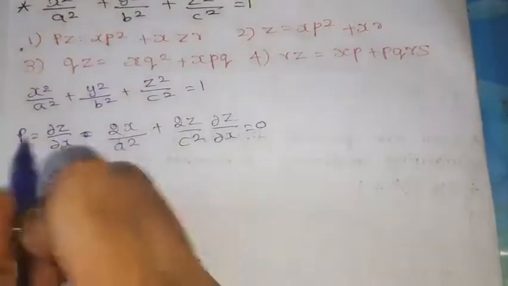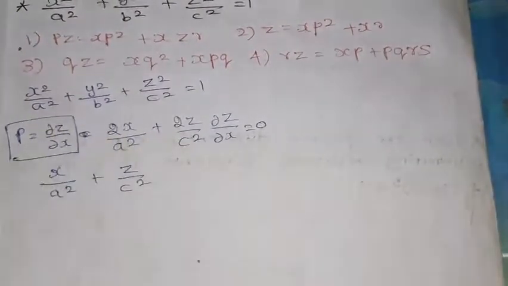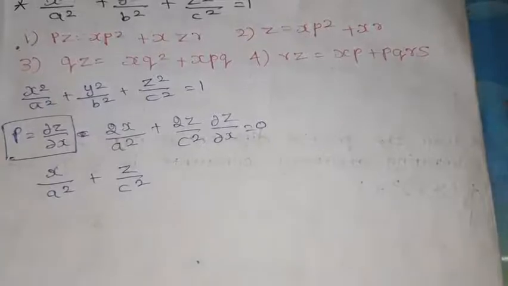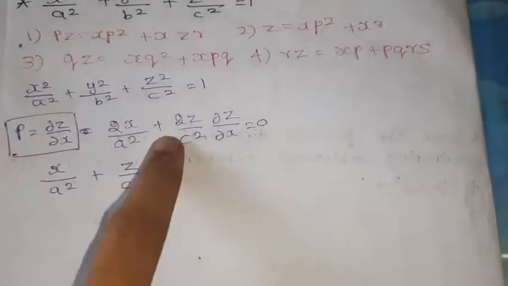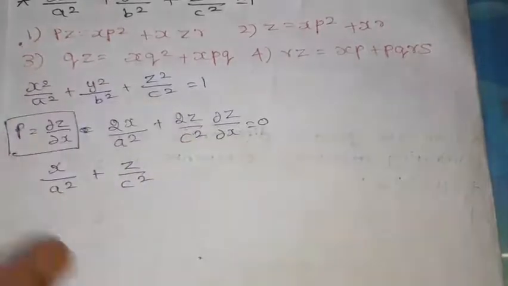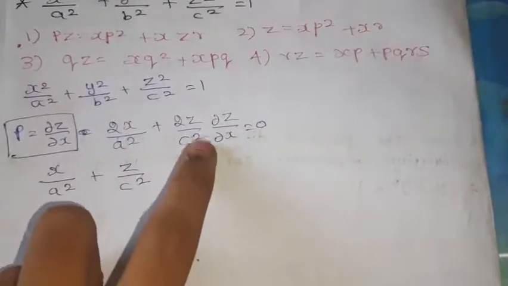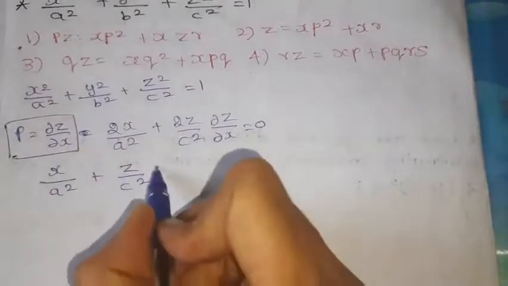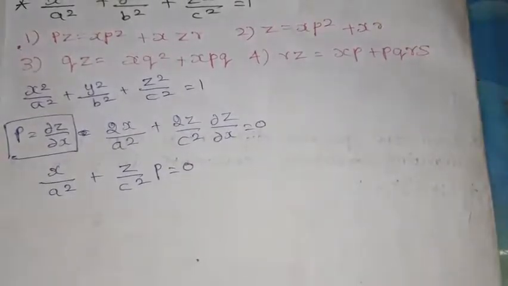First we need to partially differentiate with respect to x. For that, 2x by a squared plus 2y term will not come. 2z by c squared into dou z by dou x, which we know is equal to p, equal to 0.